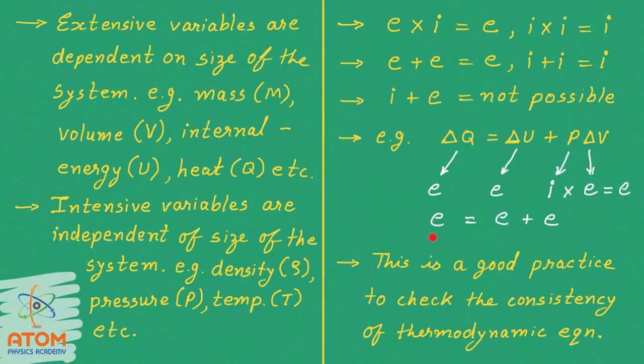If you are getting both the sides extensive, then also the equation is correct. But if you are getting intensive on one side and extensive on another side, or vice versa, then that equation is not correct thermodynamically. Alright. So this is a method by which we can check the consistency of any thermodynamic equation.